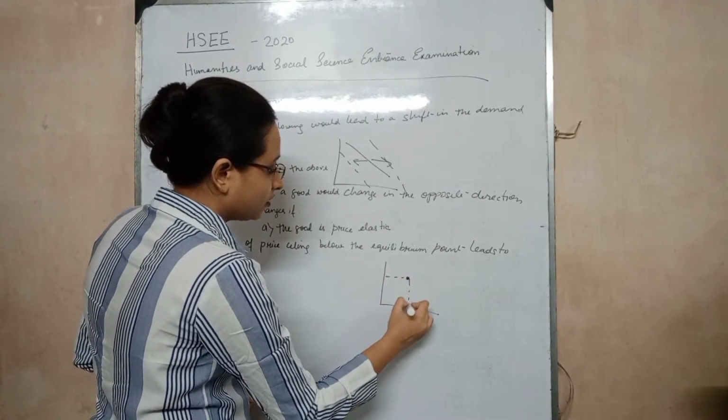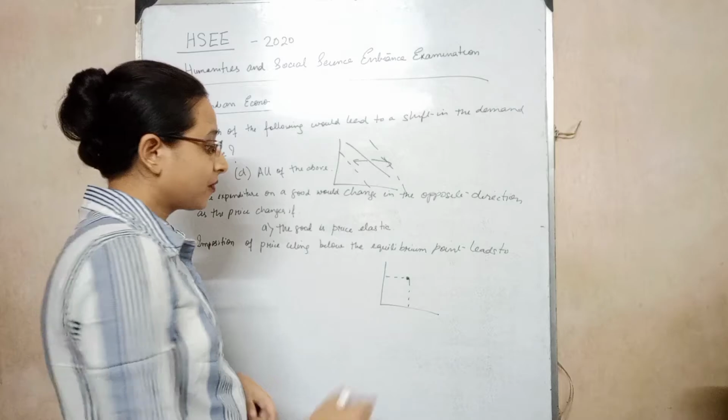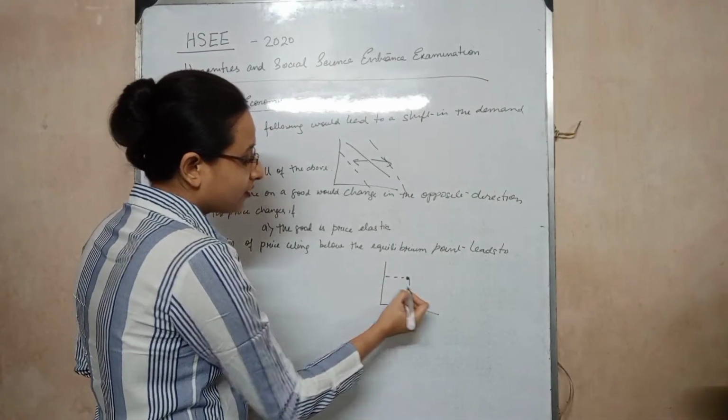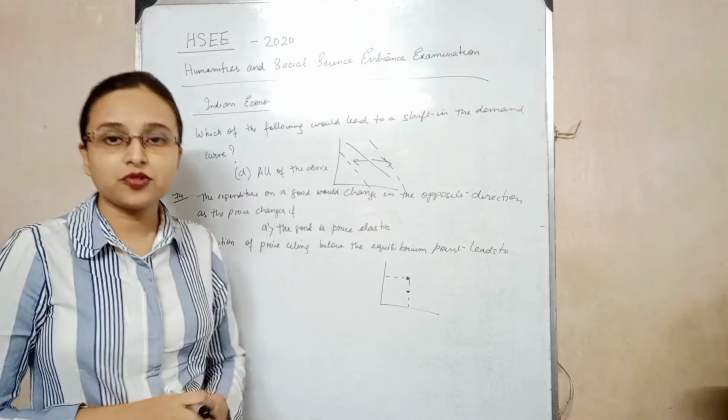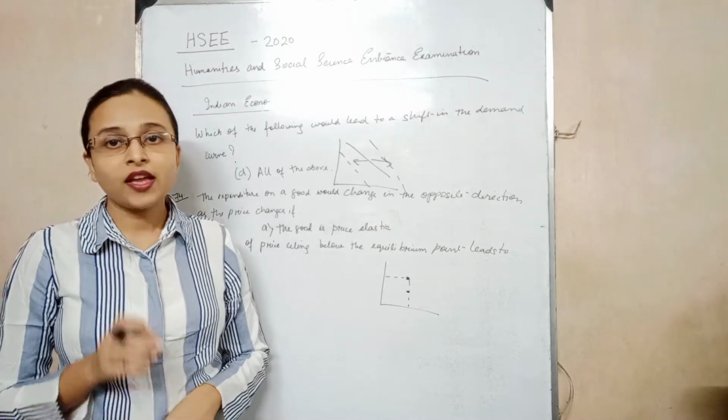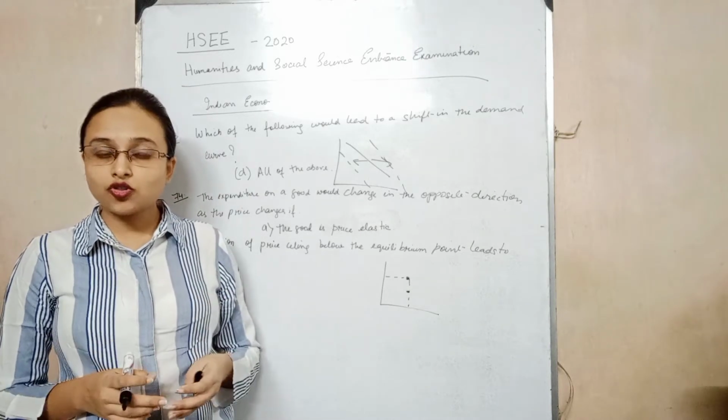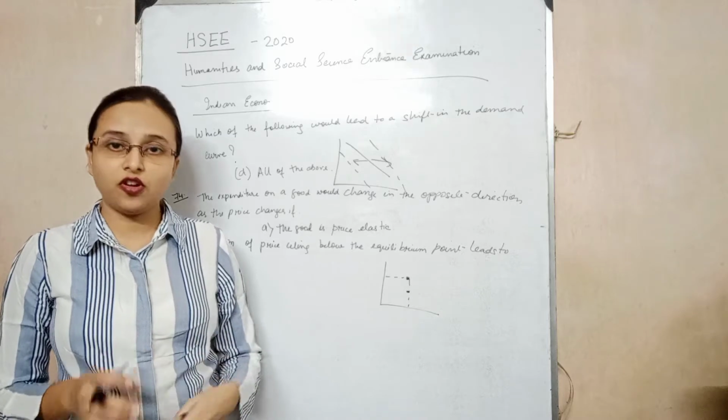Let me consider the equilibrium point being this. Now, if the price ceiling is set below it, then what are the options? Excess demand, excess supply, no change in demand, none of the options.